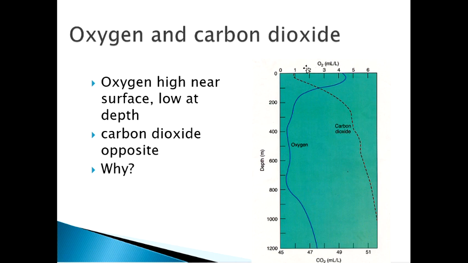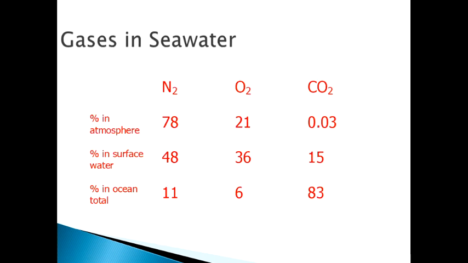The measurement across the top, the x-axis, is oxygen, so O2 in milliliters per liter. Don't worry about the units, just realize that the higher the number, the greater the amount. Notice that at the surface of the oceans, the blue line, which is oxygen, is higher than the dashed red line, which is carbon dioxide. So this goes back to this right here.